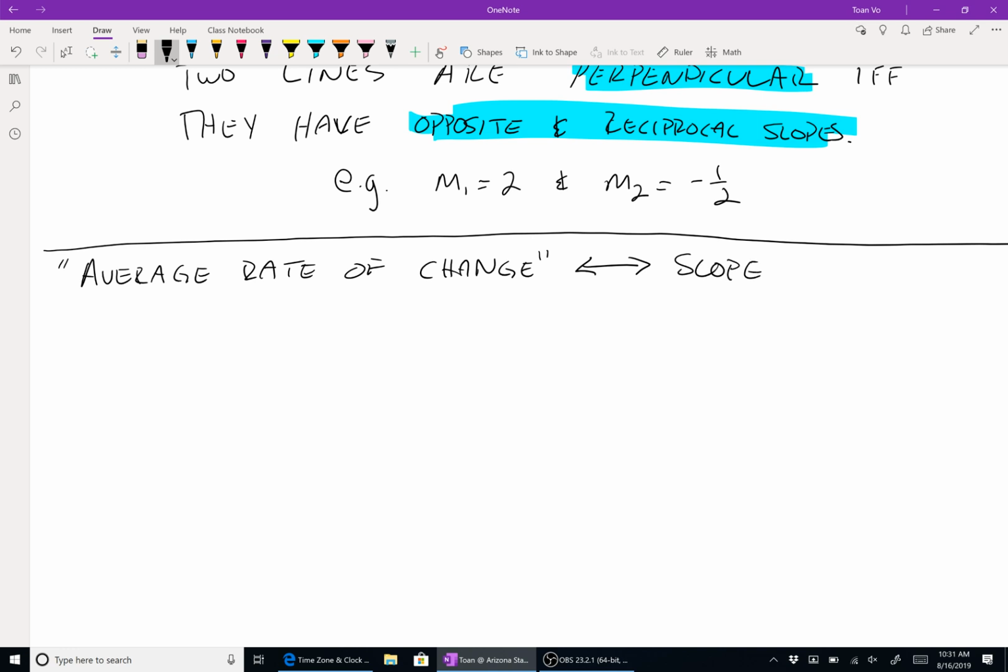You typically use the phrase in a word problem, and I know you freak out, oh no, word problems. But if they use average rate of change, it's just a slope problem. So let's do an example, and yes, I must warn you, it's going to be a word problem.